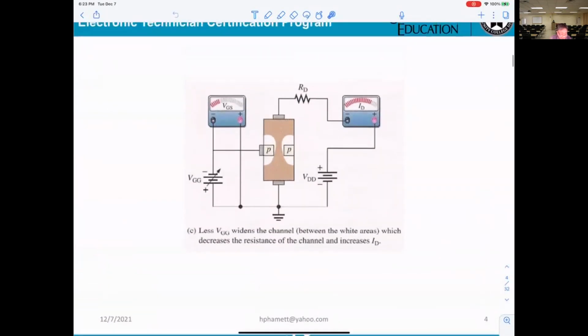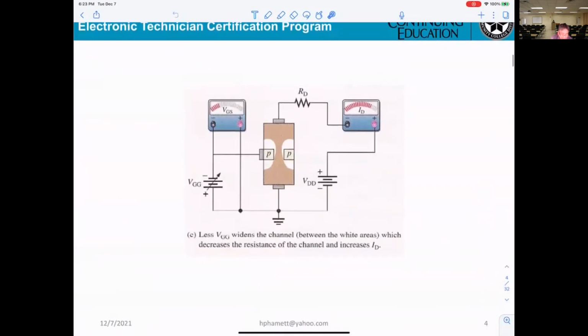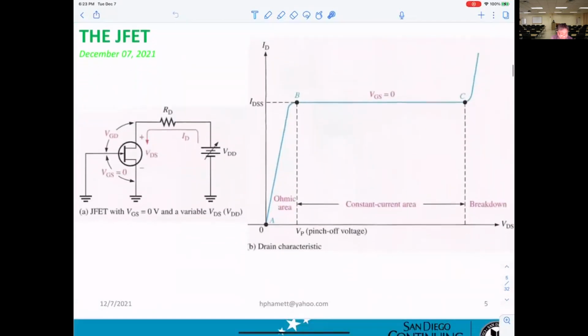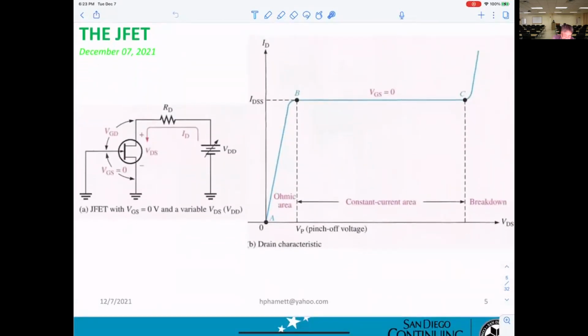When you change the VGS, you get the current change. More negative VGS, then you get less current ID. However, at the beginning, VGS equals 0. That's where you get the maximum current ID.